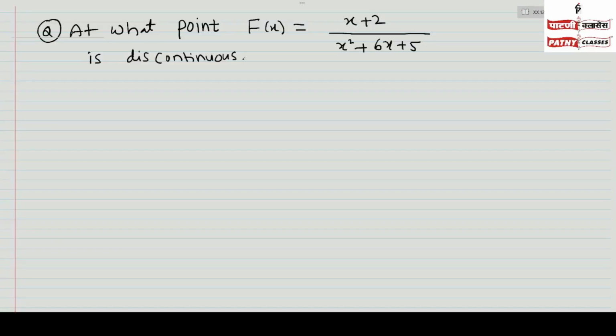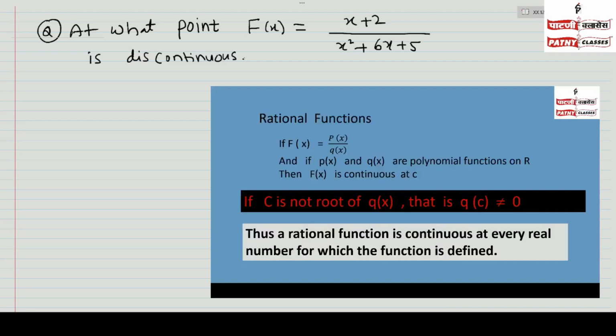At what point is f of x equals x plus 2 upon x square plus 6x plus 5 discontinuous? Again the same, the given question is a rational function, and we can find the point of discontinuity by equating the denominator to 0 and finding the values for which the denominator becomes 0.